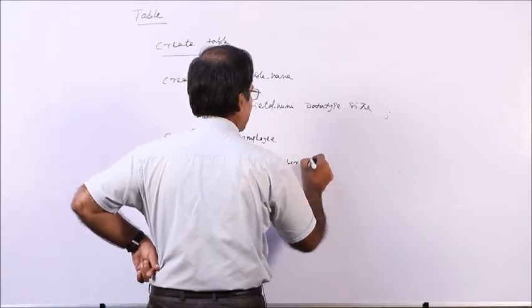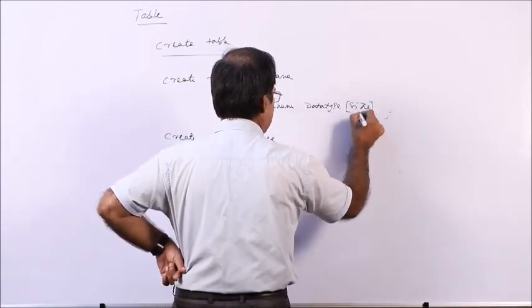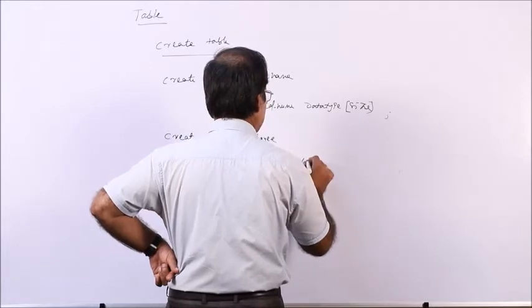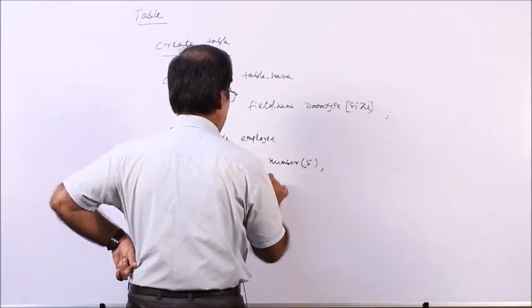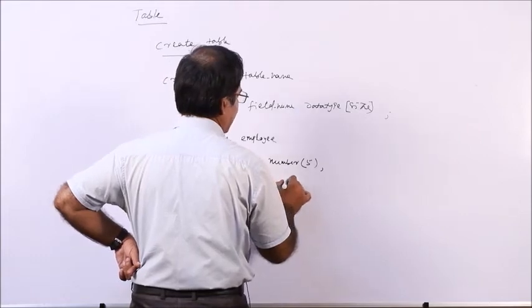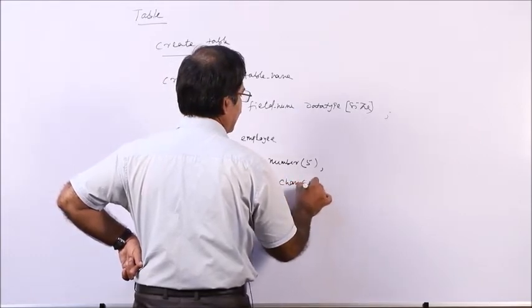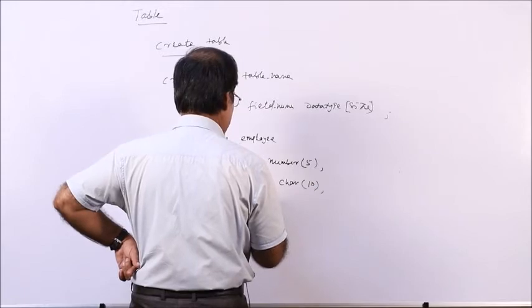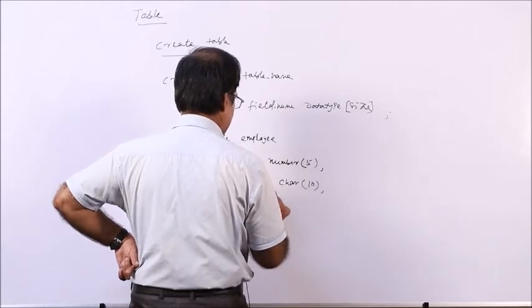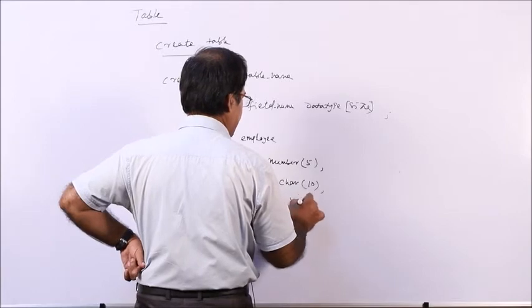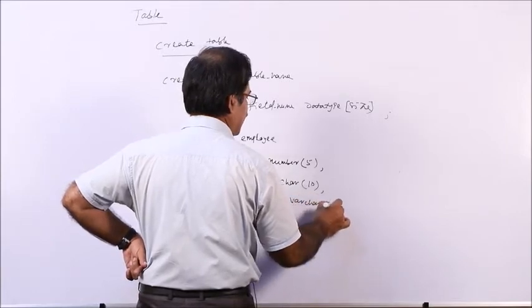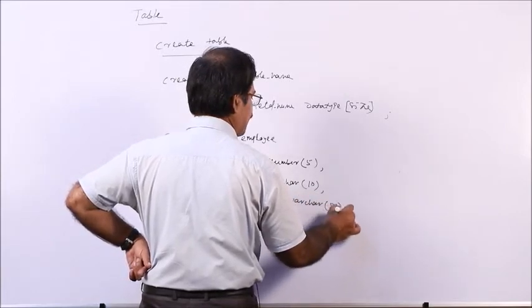Let it be 5. Then employee name is character type, size may be 20. Then employee address is varchar. What is the size? Let it be 50. Over.